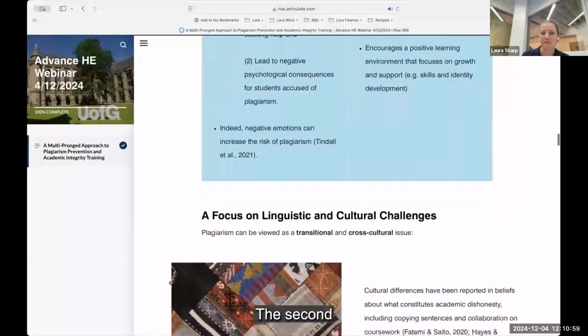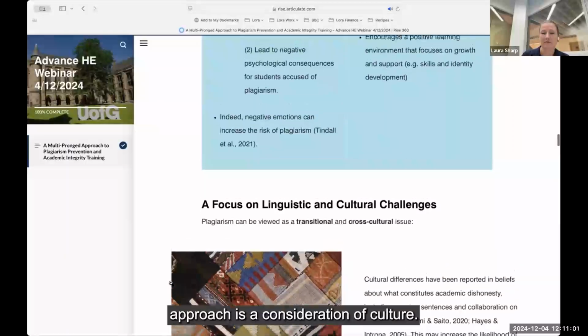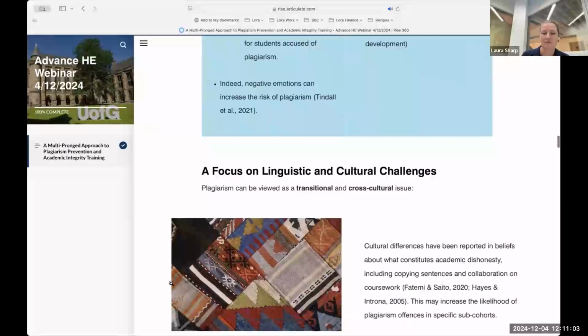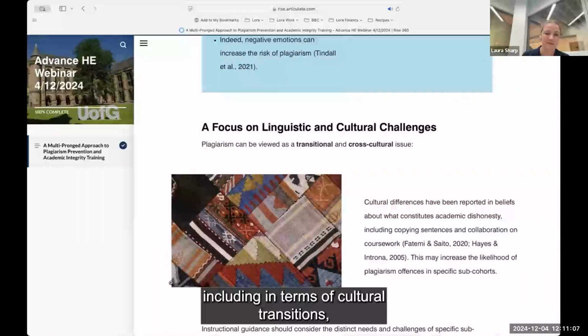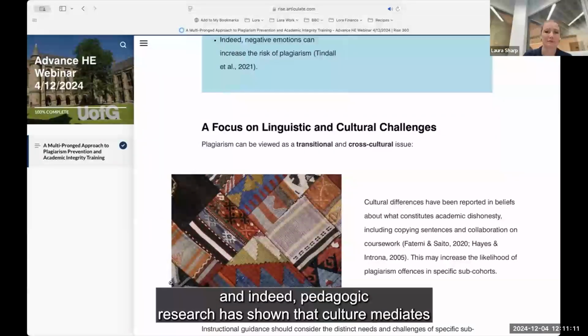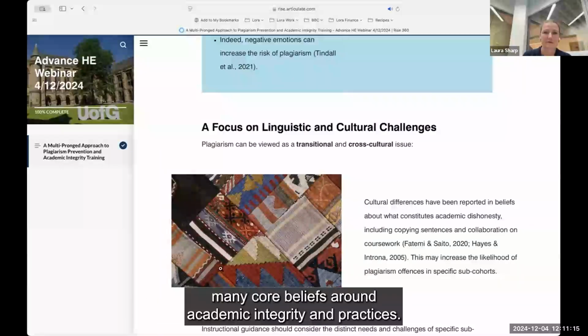The second approach is a consideration of culture. Our module views plagiarism as a transitional issue, including in terms of cultural transitions. And indeed, pedagogic research has shown that culture mediates many core beliefs around academic integrity and practices.